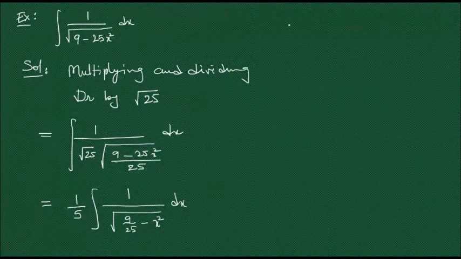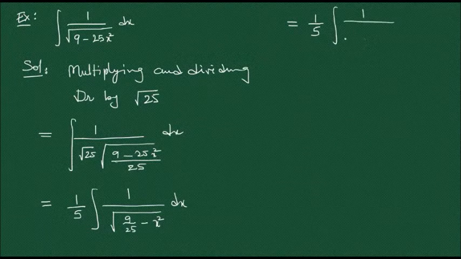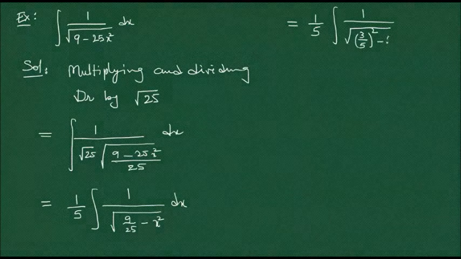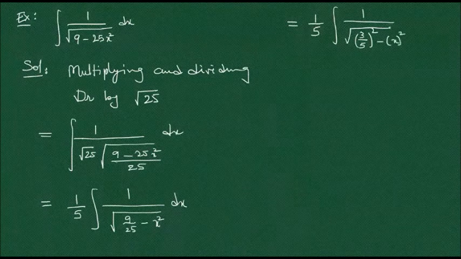Still I try to write in the form of a square minus x square, which is equal to 1 by 5 integration of 1 by under root of 9 by 25, I am writing as 3 by 5 whole squared, minus x square, x whole square I am writing it, dx.